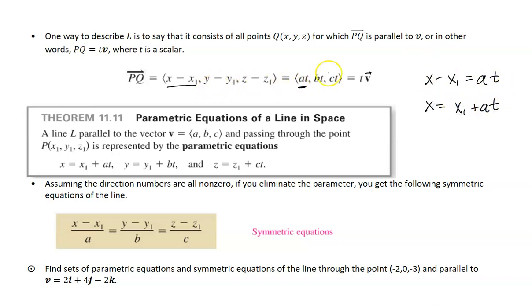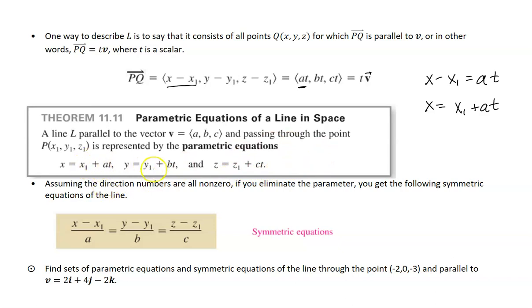And of course you can do this down the line with y and z as well. And if you do that, you get what's called the parametric equations of a line in space. So a line L parallel to the vector v equals a, b, c, passing through the point P, x1, y1, z1, is represented by the parametric equations x equals x sub 1 plus at, y equals y sub 1 plus bt, and z equals z sub 1 plus ct.